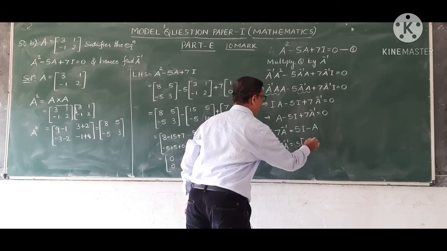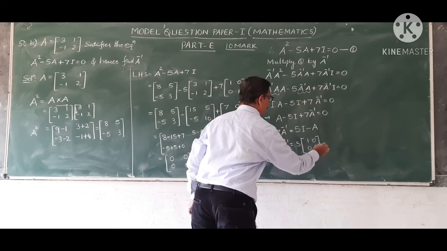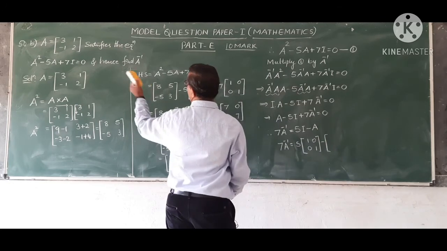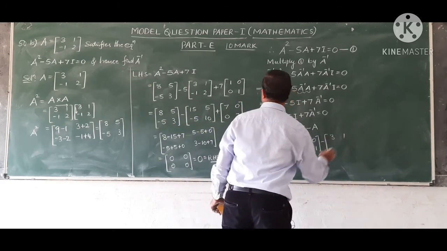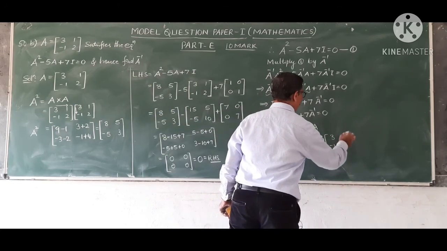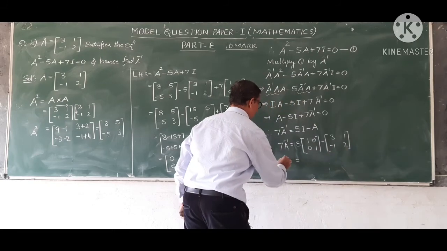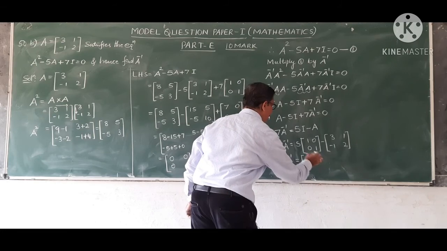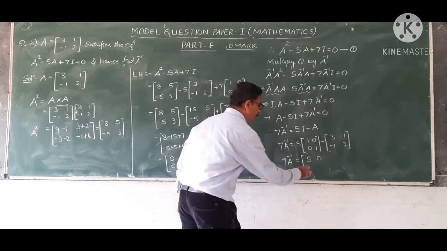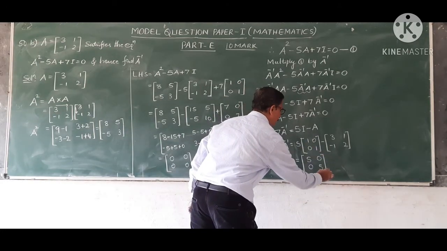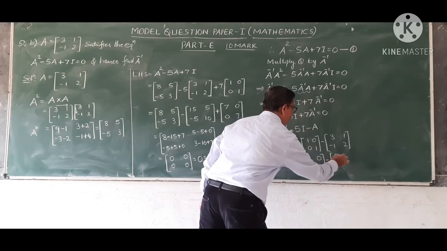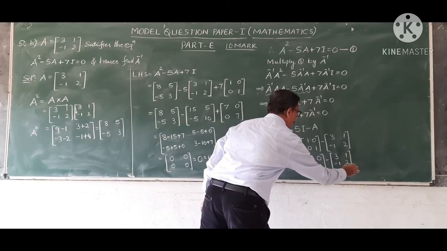5I is the identity matrix 1 0 0 1 times 5, minus the given matrix A, 3 1 minus 1 2. So 7A inverse is equal to, by scalar multiplication, multiply each element by 5: 5 0 0 5, minus 3 1 minus 1 2.